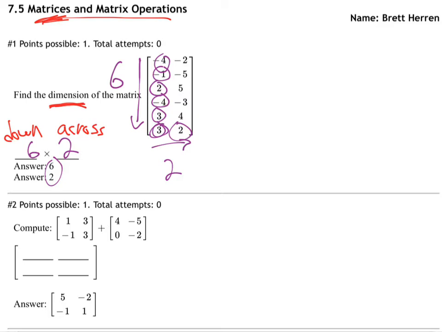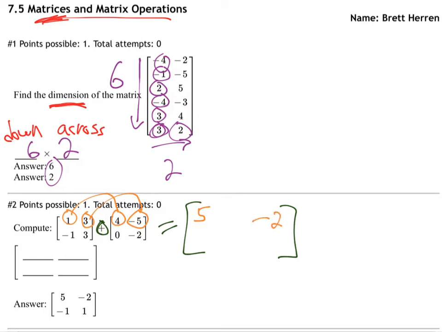So they made up this new thing called matrices. How do you add two matrices? Well, I think it's pretty natural. I think they did what any of us would have done. They just said add entry by entry. So upper left, 1 plus 4 is 5. Upper right, 3 minus 5 is -2.